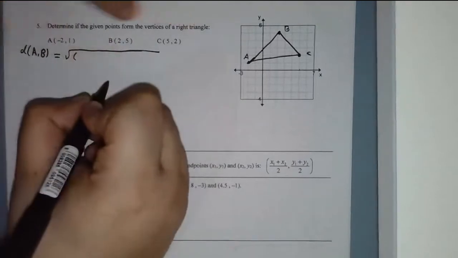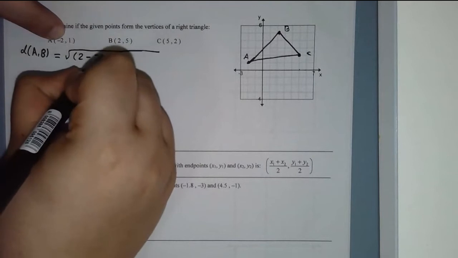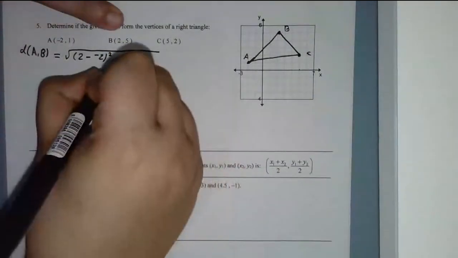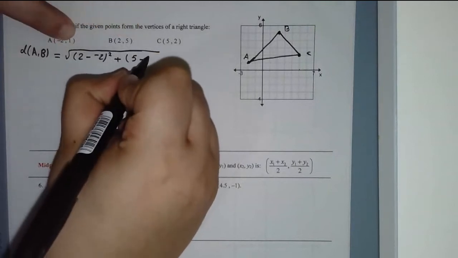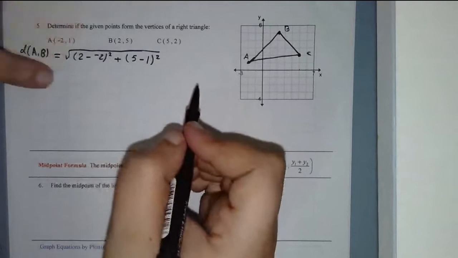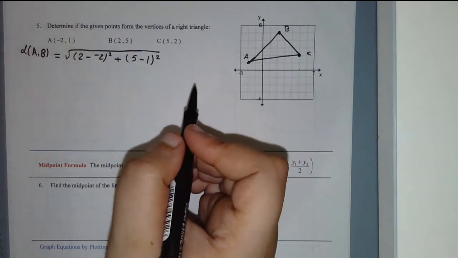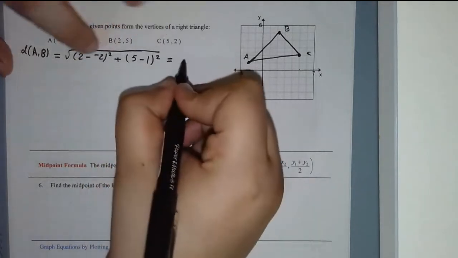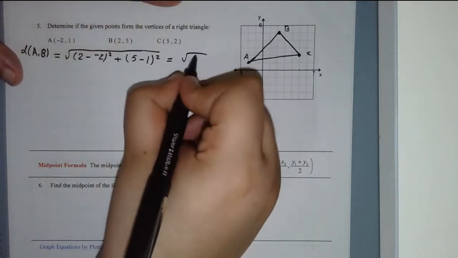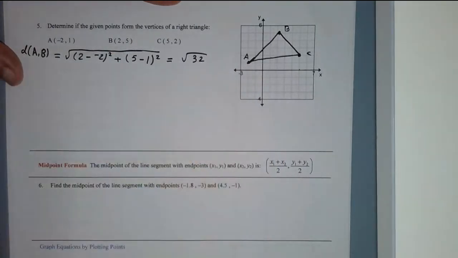Okay, x2 is 2 minus x1, which is -2 squared, plus y2 is 5 minus y1, which is 1 squared. So now I have 2, essentially plus 2, so 4 squared, plus 5 minus 1, which is also 4 squared. So I have 4 squared twice. So that's 16 plus 16, which gives you 32. Everybody with me so far?